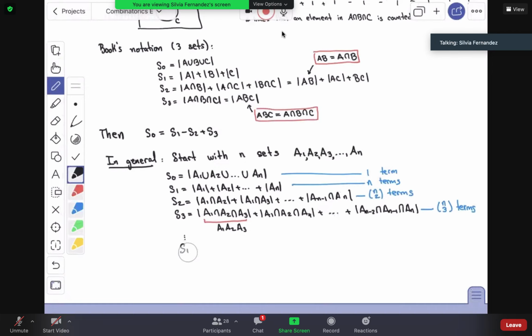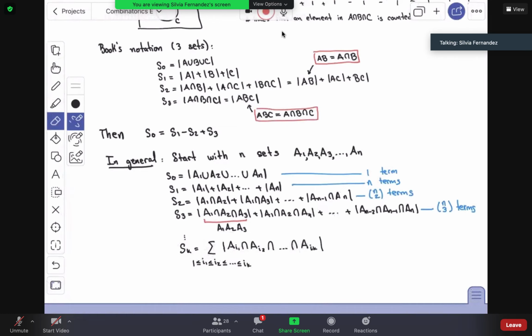And so in general, I can write the Sk. I'll try to start using a little bit more notation. So it's just the sum of, and you take all the k-tuples. And so I can say here over all the i1 greater than or equal to 1, less than or equal to i2, and so on, ik.